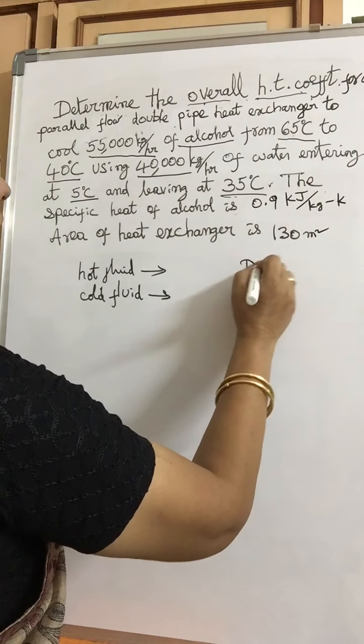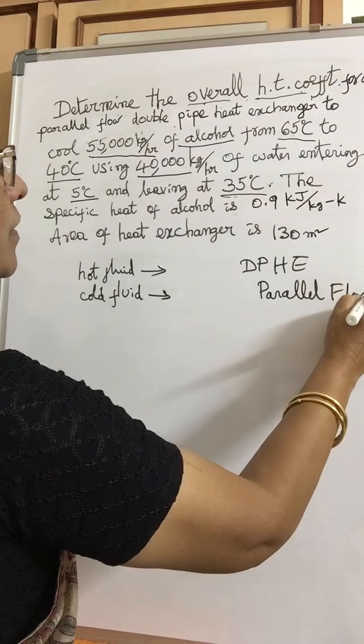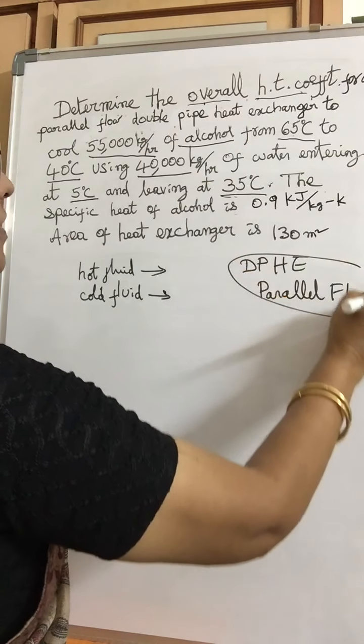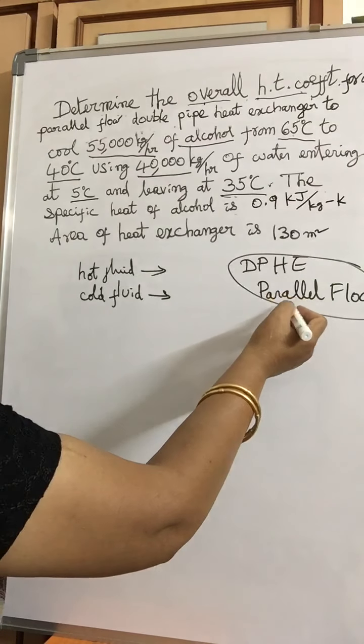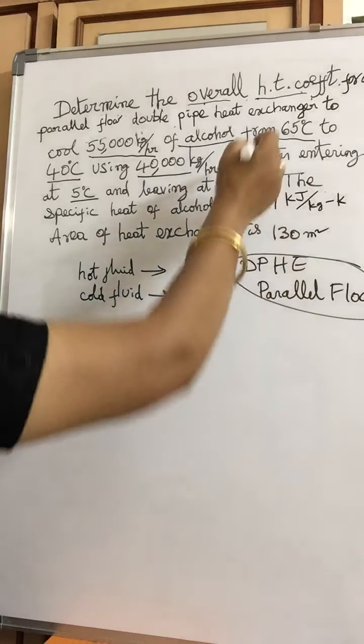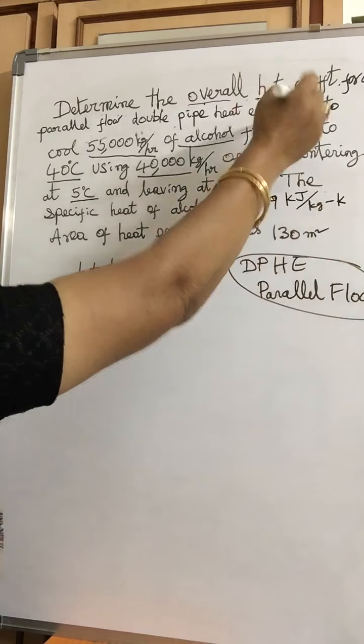Given is DPHE and parallel flow. This is the information given. The heat exchange equipment is a double pipe heat exchanger and the type of contact is parallel flow.